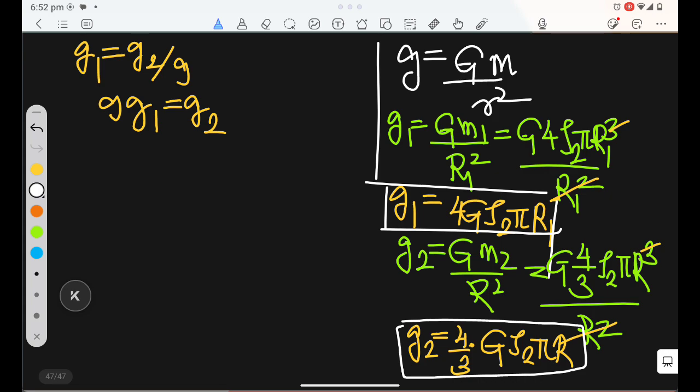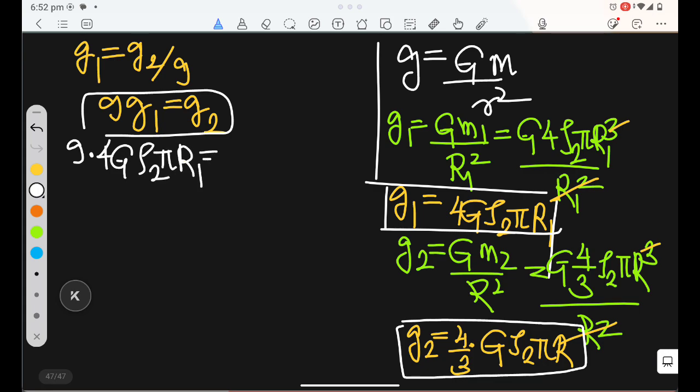Now I have the relation 9g1 is equal to g2. So 9 times g1, which is 4G rho 2 pi r1, is equal to g2, that is 4 by 3 G rho 2 pi r.